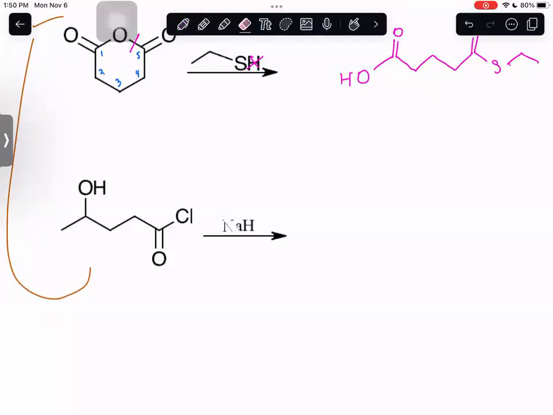Sodium goes away. Get that, goes away, get your molecular, you're making a lactam. We're gonna deprotonate our alcohol group.